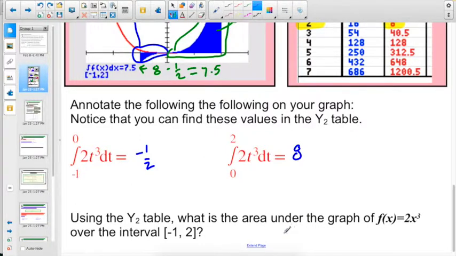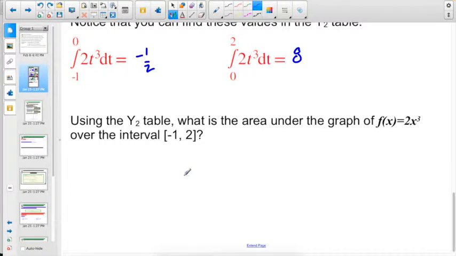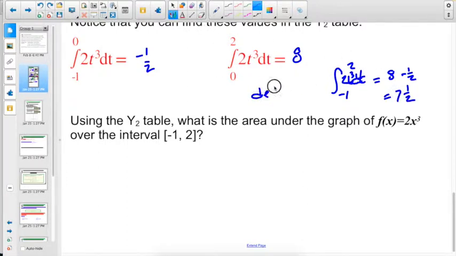And so we can see that when we have the integral from -1 to 2 of 2t cubed dt, that gets us our 8 minus 1/2, which ends up being our 7.5. Now, that is the definite integral.